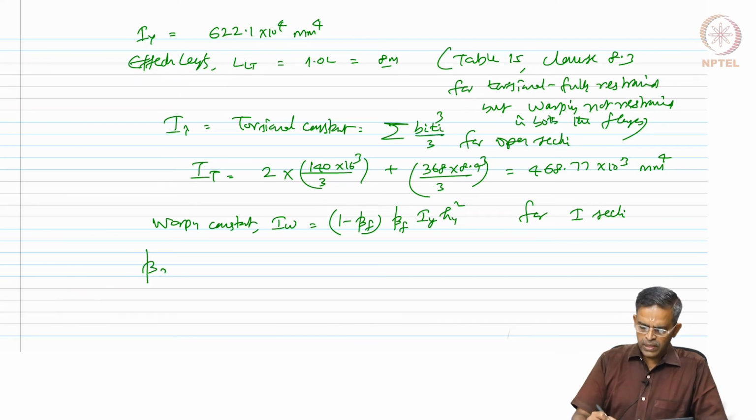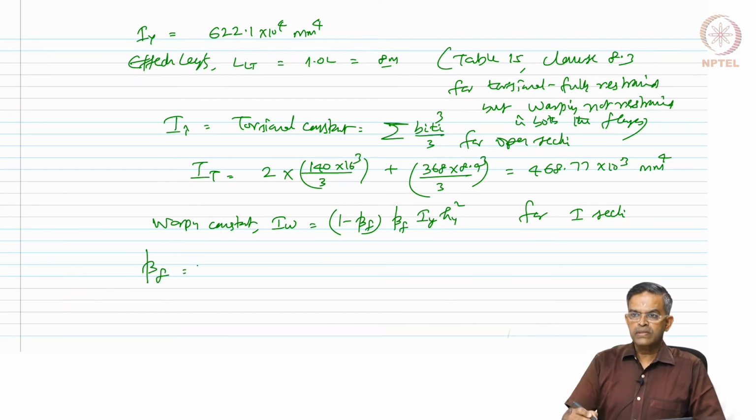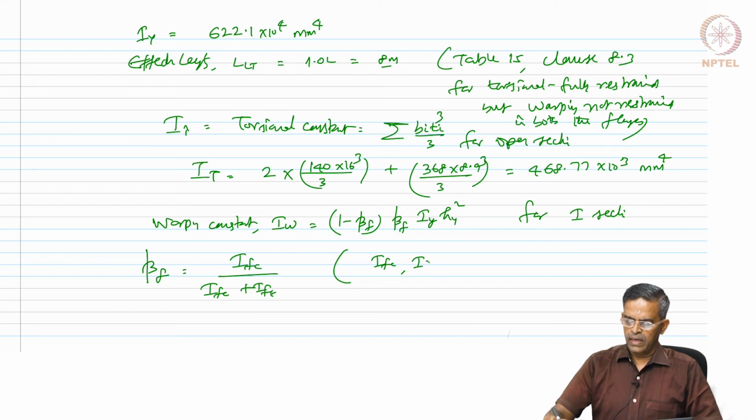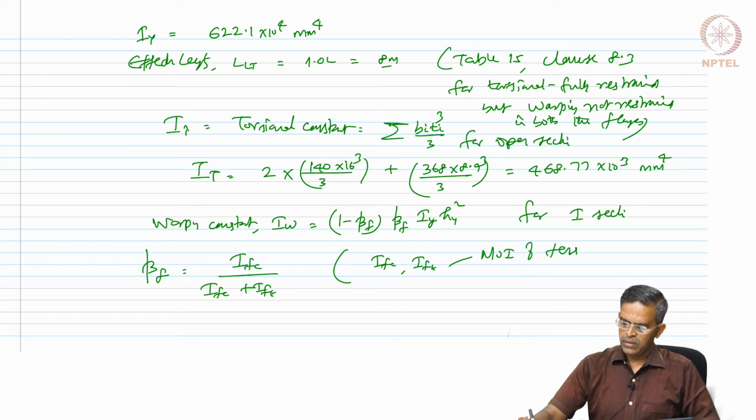So, now what is beta f? Beta f is IFC by IFC plus IFT, where IFC and IFT are moment of inertia of tension and compression flanges about the minor axis of the section.